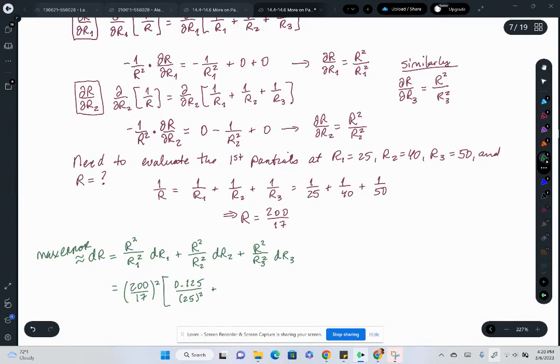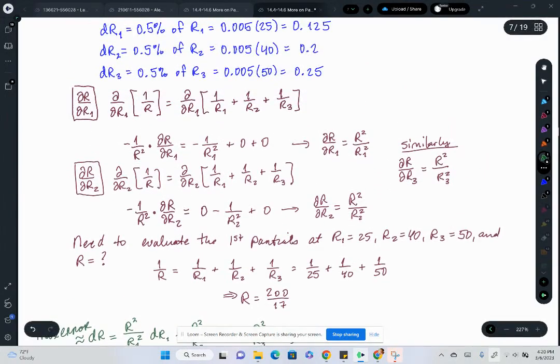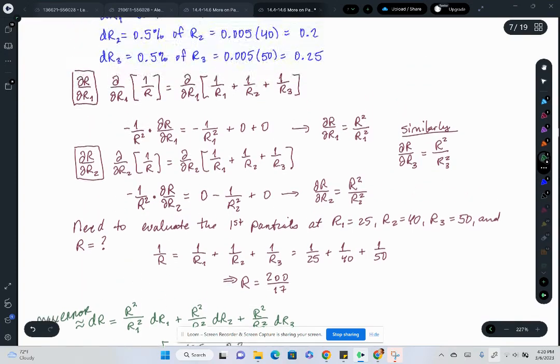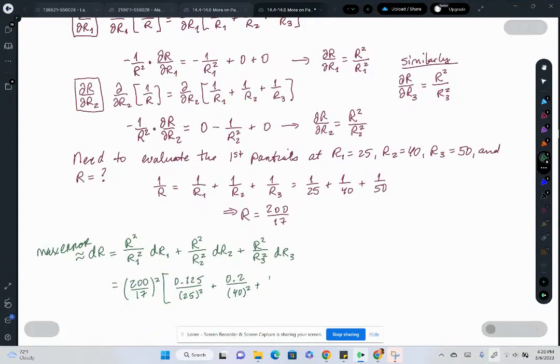Okay, my second term, remember I factored out an R squared. So I just have the dR2, which is 0.2 over R2 squared. R2 is 40. Plus the dR3, 0.25 over R3 is 50, so 50 squared.